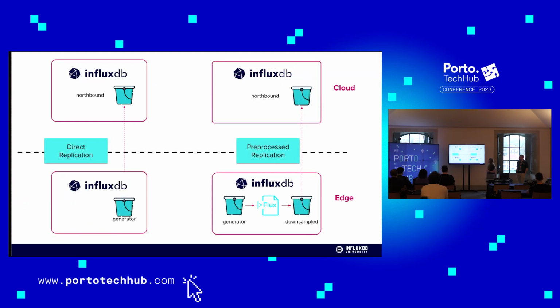So what I've just described here, one was direct replication. That would be if we just went straight from the generator data. From what I understand, that client does this. They're just doing it directly. Pre-process replication, like I said, can help you out along the way. And do keep in mind, a lot of people do a combo of these for backup purposes as well.